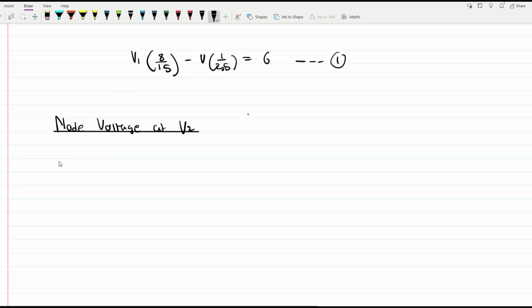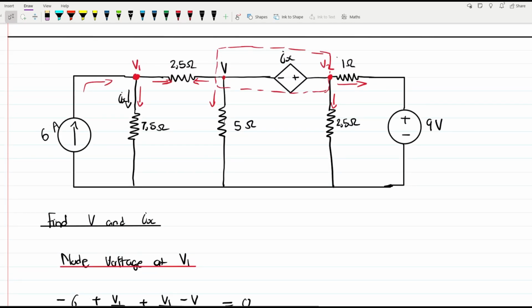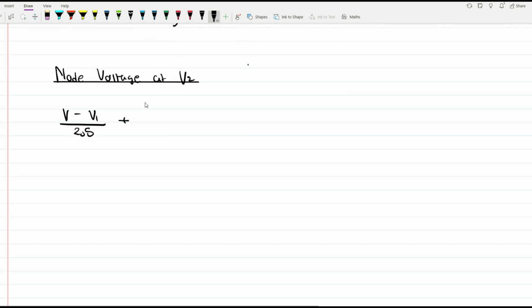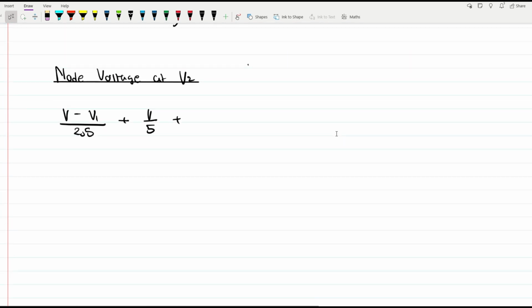So we're going to have V minus V1 divided by 2.5, and it's going out, so that is positive. And then we have another one that's going out, which is V divided by 5 ohms, plus another one that's going out, which is V2 divided by 2.5.